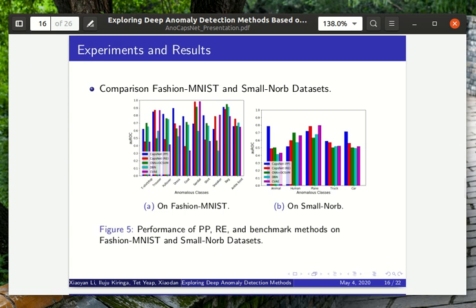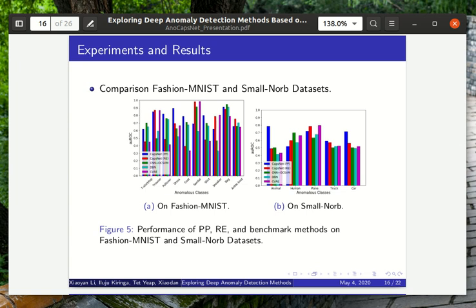These results show the comparison between the two normality score functions PP and RE and the 3 baseline models on Fashion-MNIST and small NORB datasets. For Fashion-MNIST, it seems each method has its own strength, but both CapsNet-based methods are relatively stable and achieved the best results on average.